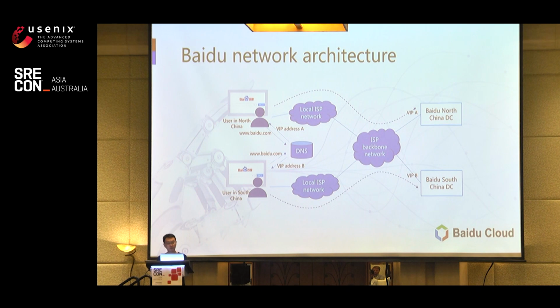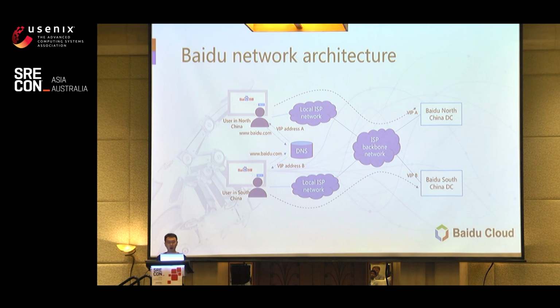So in the figure, users in North China will be scheduled to Baidu's North data center. Users in South China will be dispatched to data centers in the south. Users' requests will go through the local ISP network, ISP backbone network, and finally reach the POP of Baidu's data center, requesting Baidu's backend service.